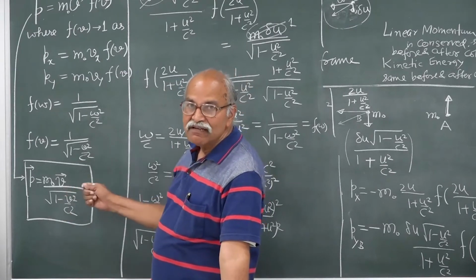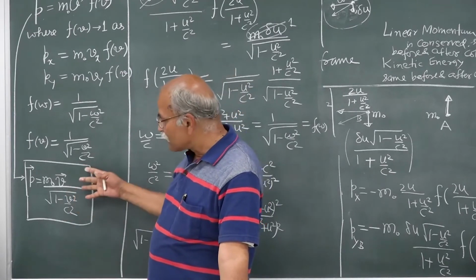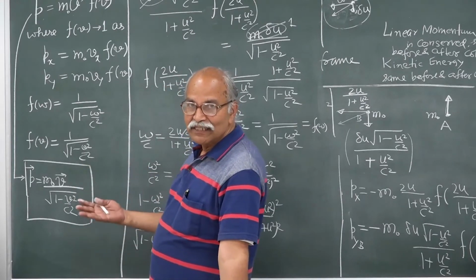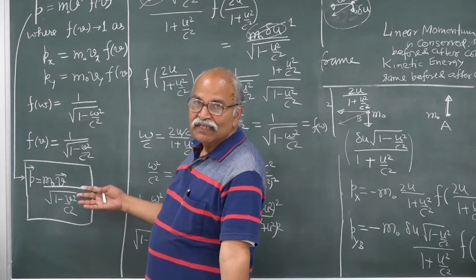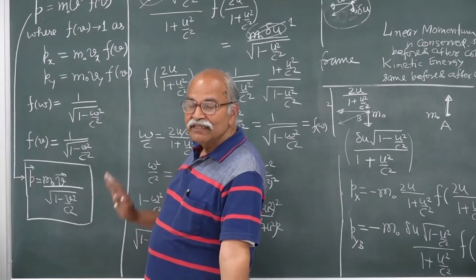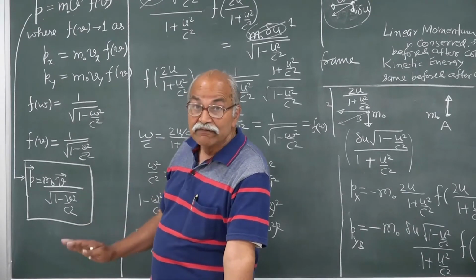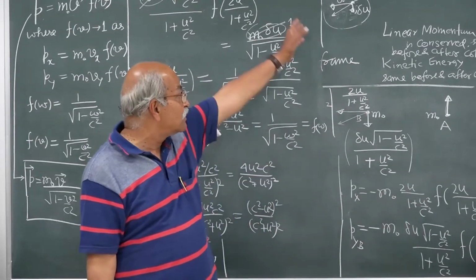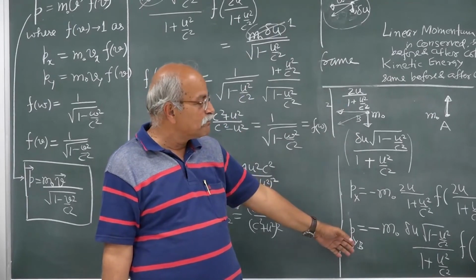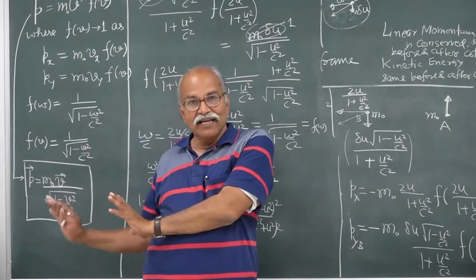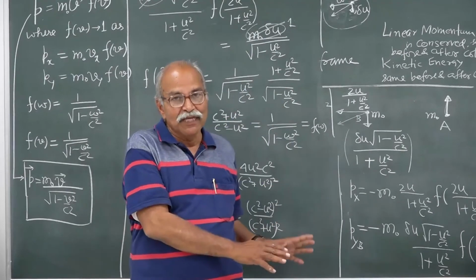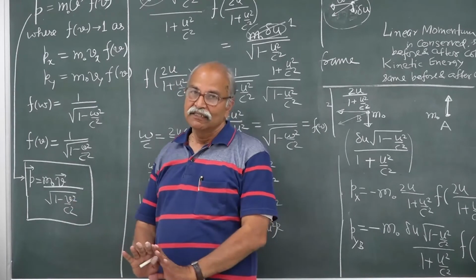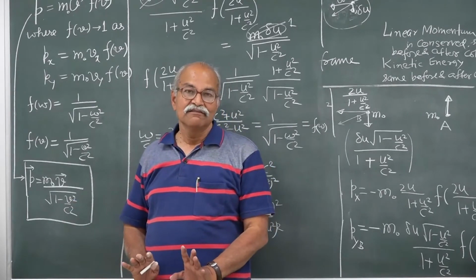If I define linear momentum in this fashion, which is a slight modification of the Newtonian definition of linear momentum, even at high speeds the linear momentum will be conserved. So, we have gotten all this using this specific example, but it is valid everywhere. Whatever example you take, whatever situation you take, if you take this as the definition of linear momentum, the principle of conservation works very well.